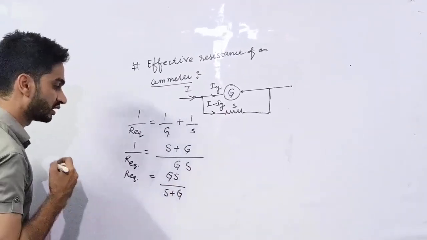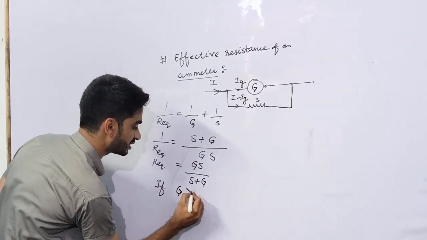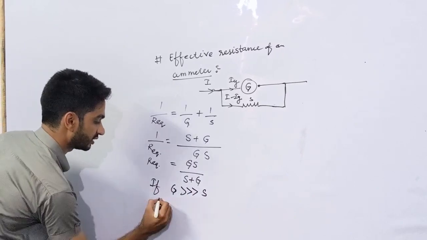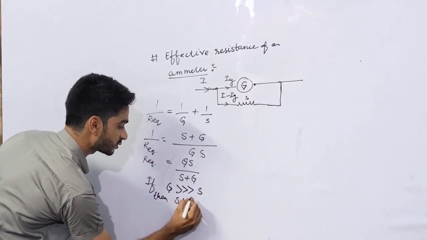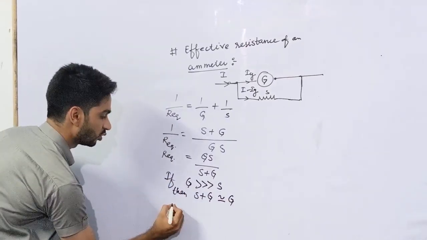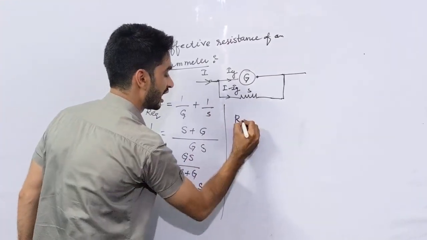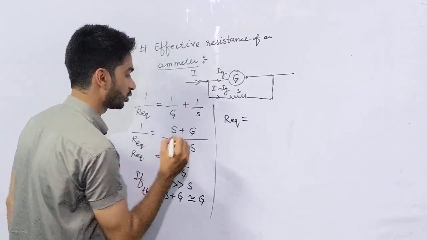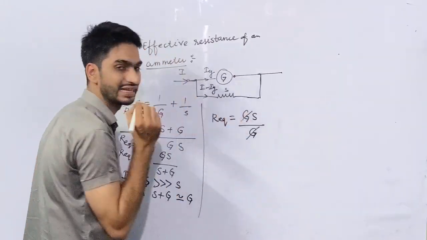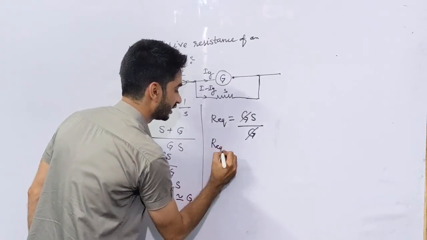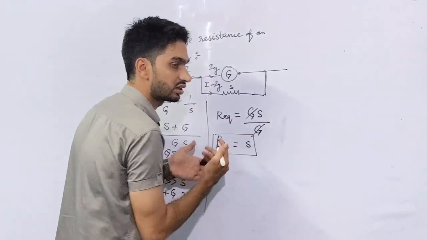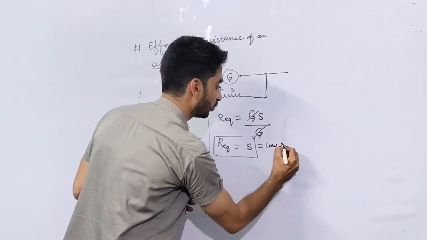Now let us consider here if G is greater than S. If G is greater than S, then this S plus G will be equivalent to G. So we can write this as follows: R equivalent will be equal to GS over G. This G will cancel with this G, and you will get R equivalent equal to S. And this shunt is already a low resistance.